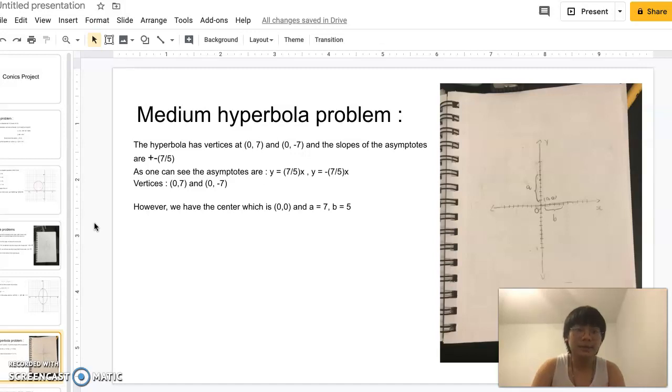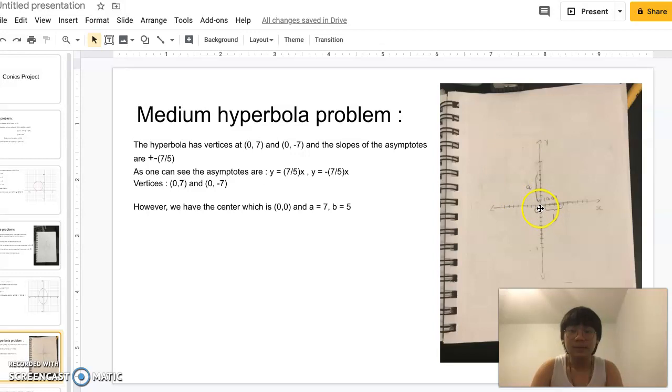The vertices of this hyperbola problem are (0, 7) and (0, negative 7). I have the picture here. I have drawn it, and we can see that a is 7 and b is 5, because here is a, 7, along the vertical line.